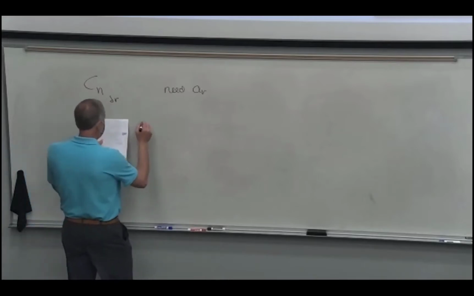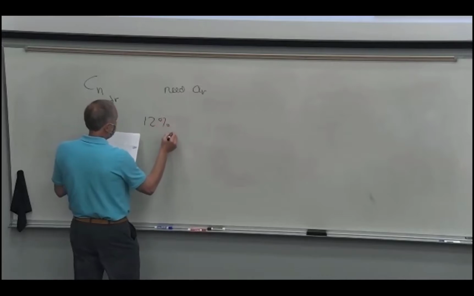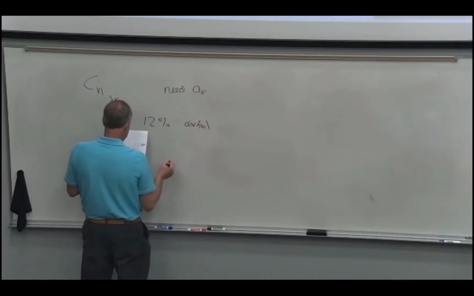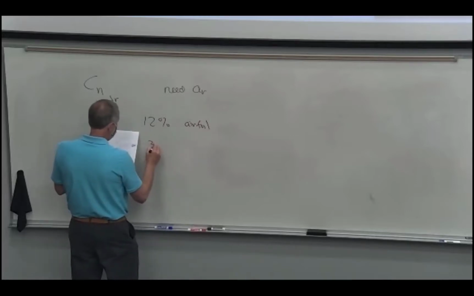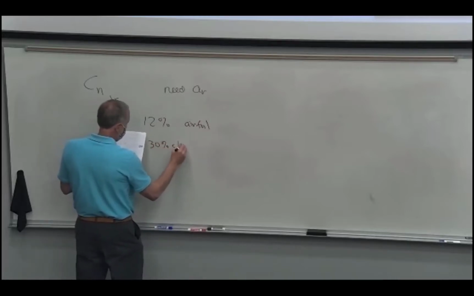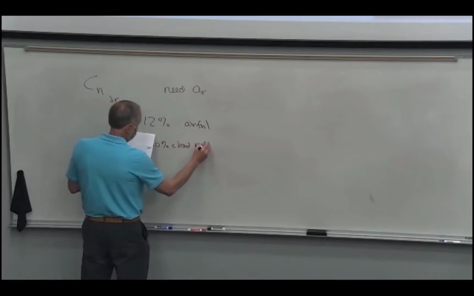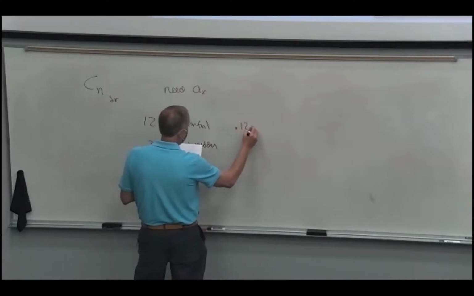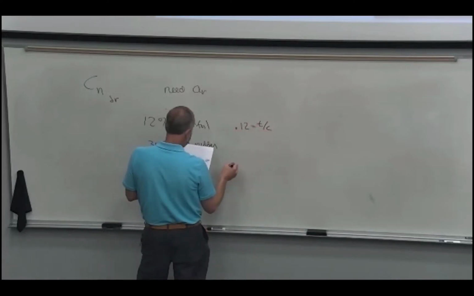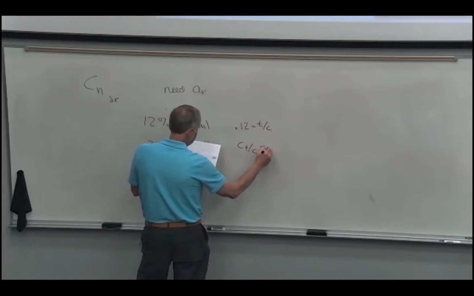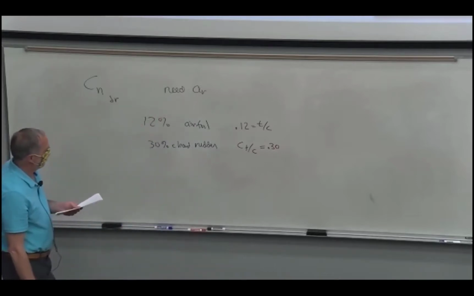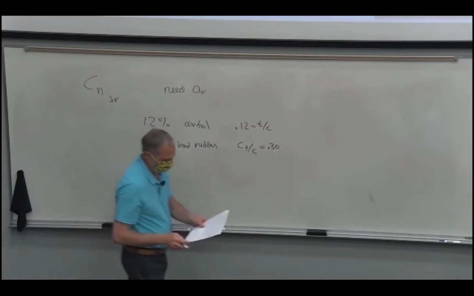And you need the 12% thick airfoil, and it's a 30% chord rudder. So this means you need to look up a thickness to chord of 0.12 and a flap chord to total chord of 0.3 on that chart. So that gives you the data to look on the chart.